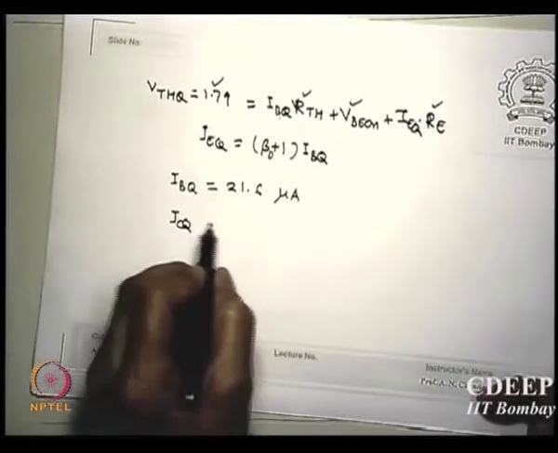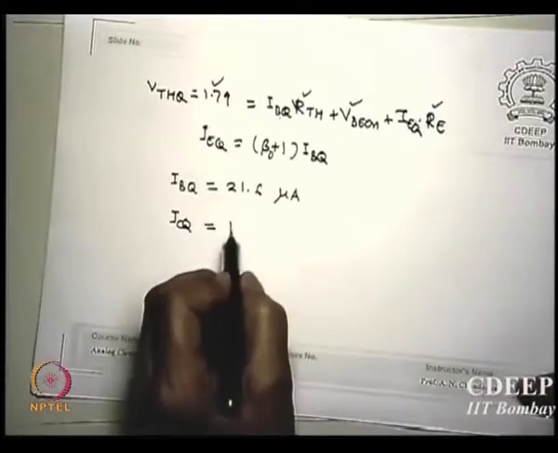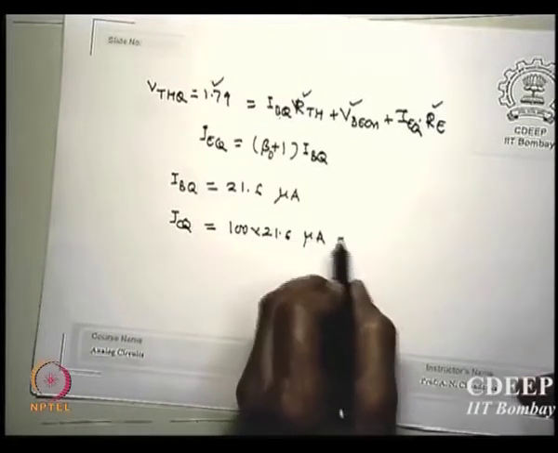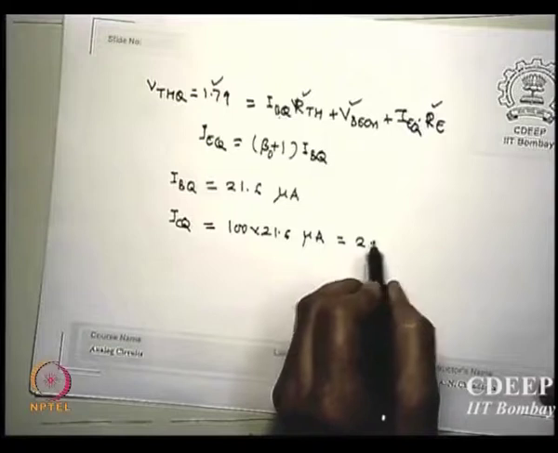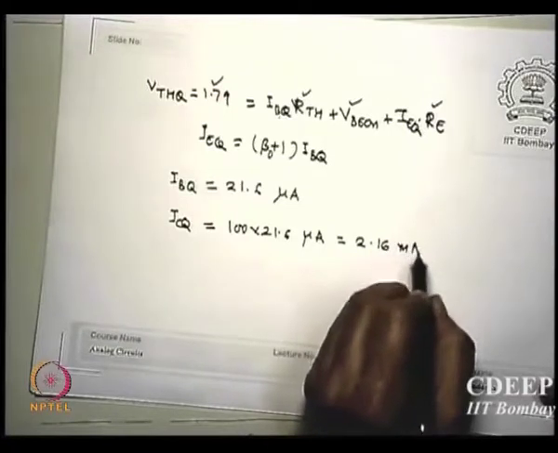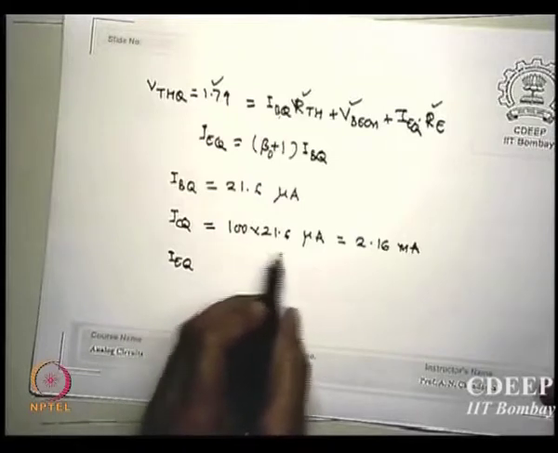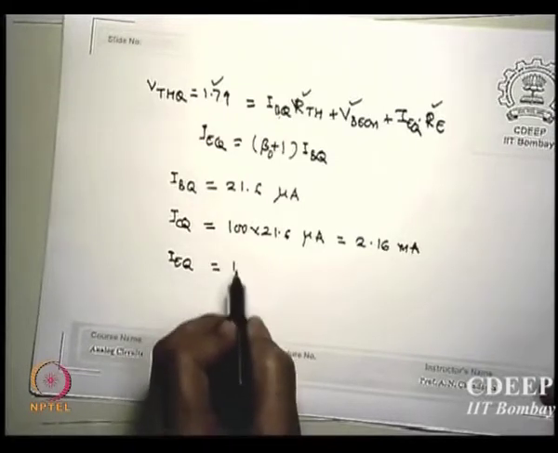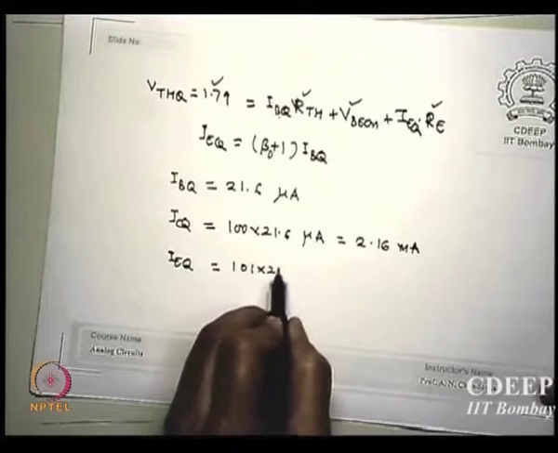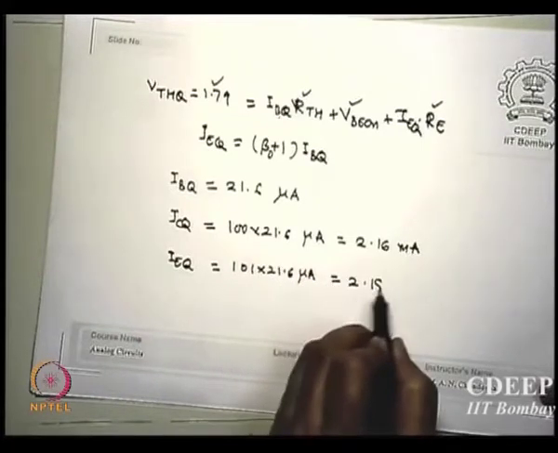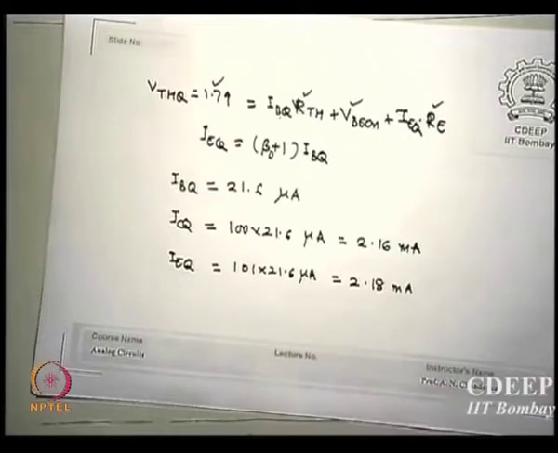Correspondingly, ICQ is beta, 100, times 21.6 microamp, which is 2.16 milliamp. If you wish, I can also calculate IEQ multiplied by 101 instead of 100. This is 2.18, just to get an idea.